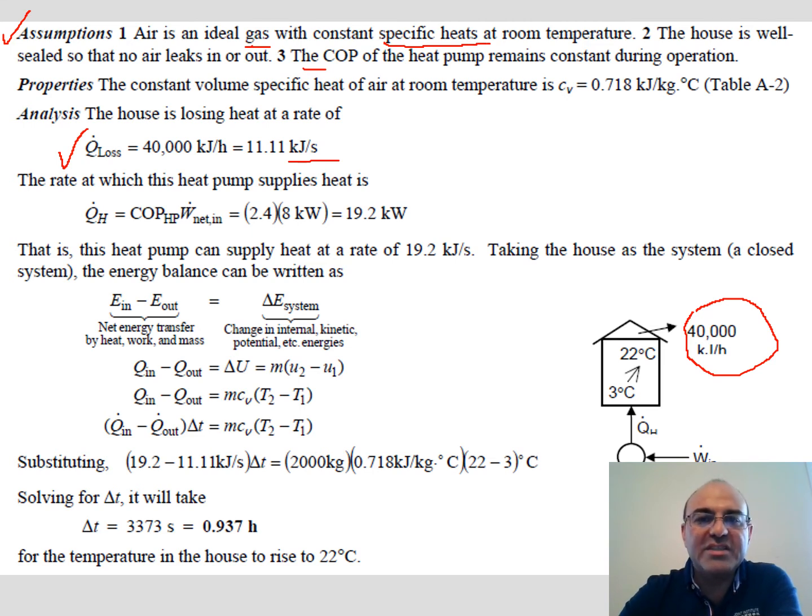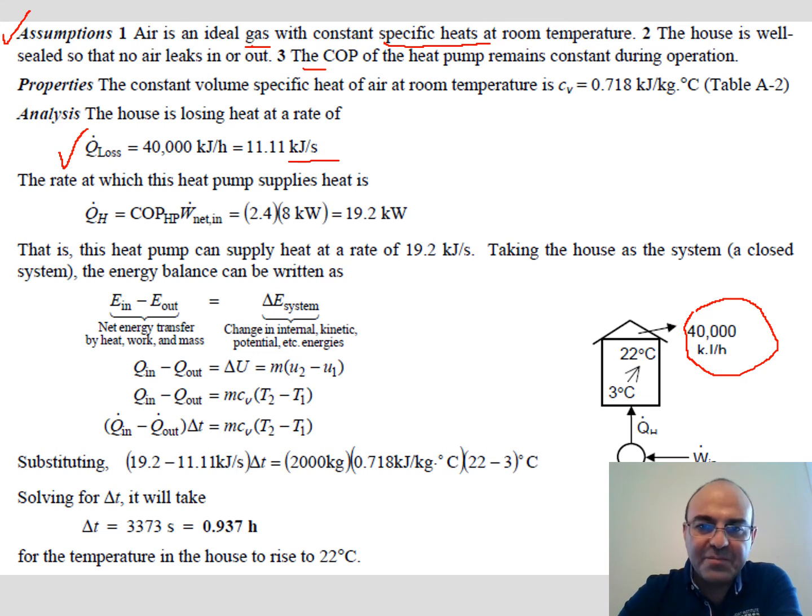So here we're going to use this average specific heat. And we also assume that the house is well sealed, so air cannot leak through the windows, under the door, and so on. All right, so now back to the problem.